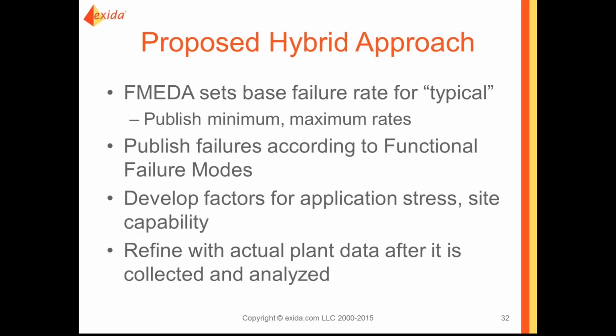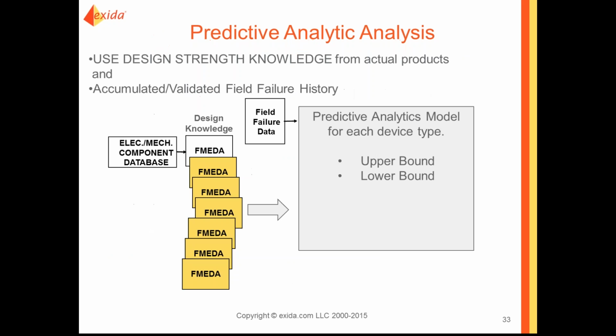The proposed hybrid approach is to use the FMEA technique to set a base failure rate for typical failures, publish minimum and maximum rates, publish the data according to functional failure modes, develop factors for application stresses and site capability, and then refine that over time as actual plant data is available and analyzed.